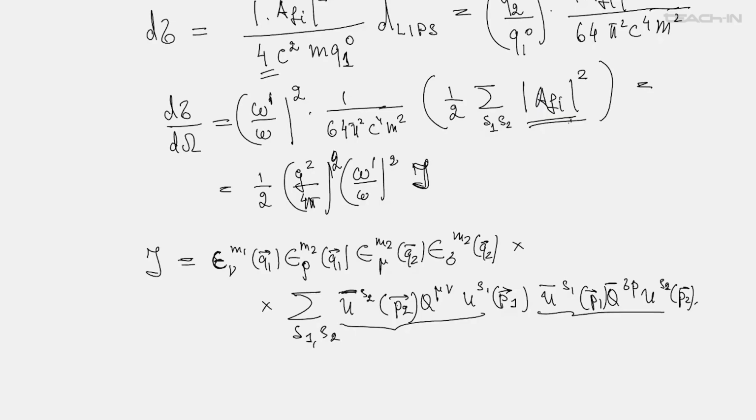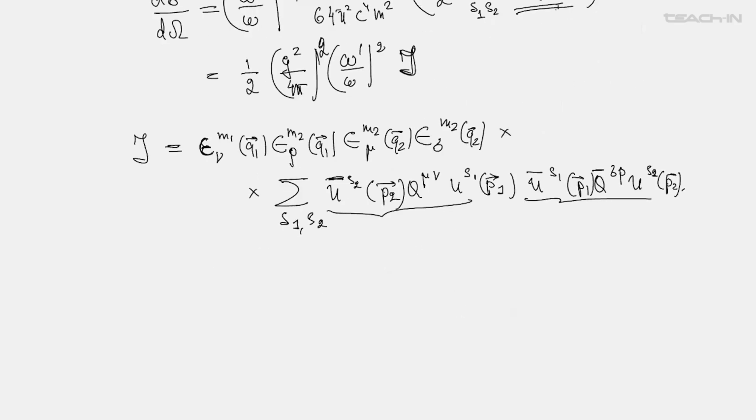This is actually the technical story, which you can look up in my lecture notes on how to do it. The outcome of the computation of this complicated expression is at the end rather simple, so I just give the final formula. The sigma over d omega is alpha squared divided by 4 m squared.